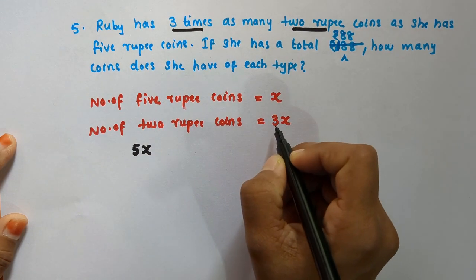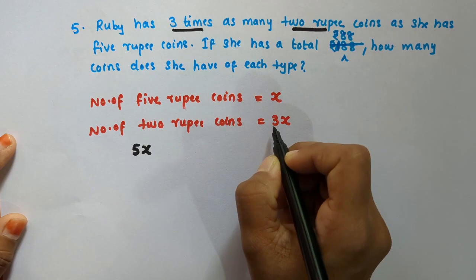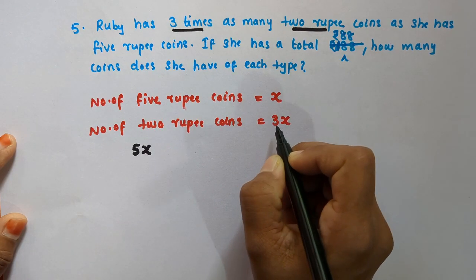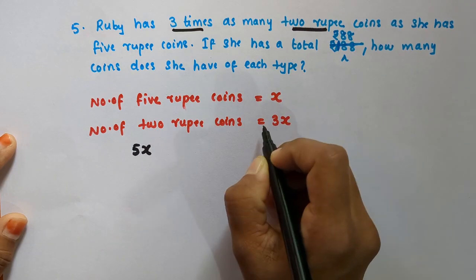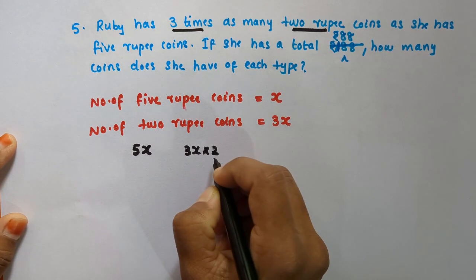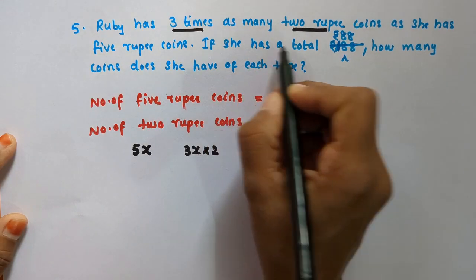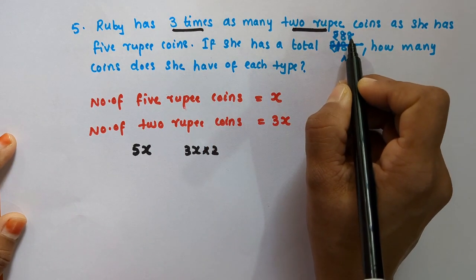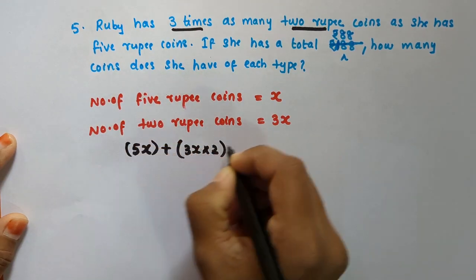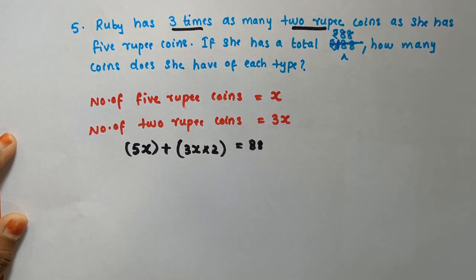And the value of a 2 rupee coin is 2. So the value of 3x 2 rupee coins will be 3x into 2. Now, she has a total of rupees 88 with her. That is, the sum of these two is equal to 88.